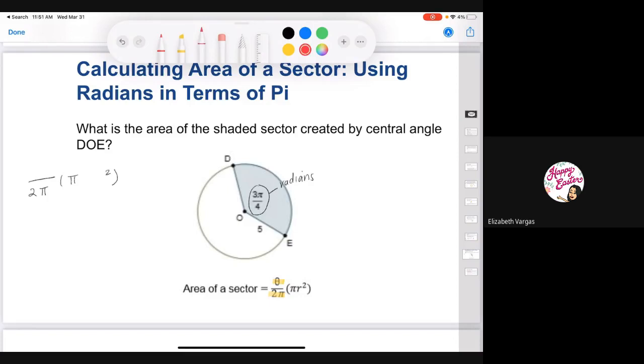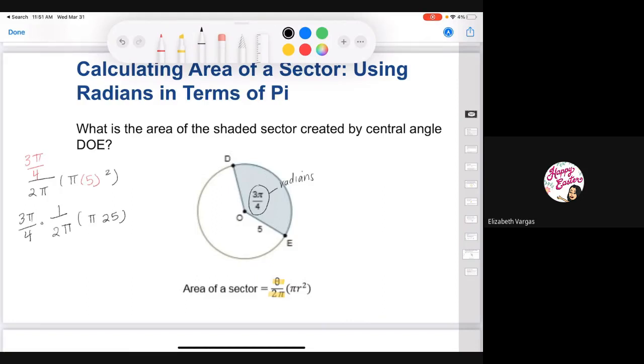And so I can solve. This is 3 pi. The radius is 5. Now you can solve that. How do you solve this? Basically, just take the top part and multiply it by the bottom part. 25.